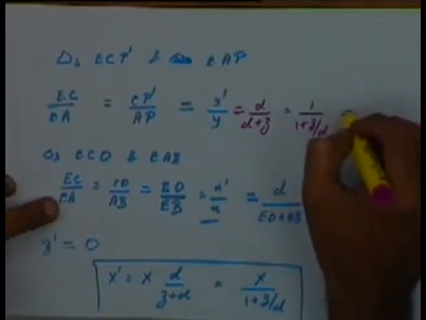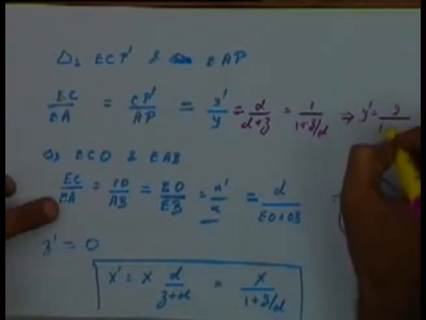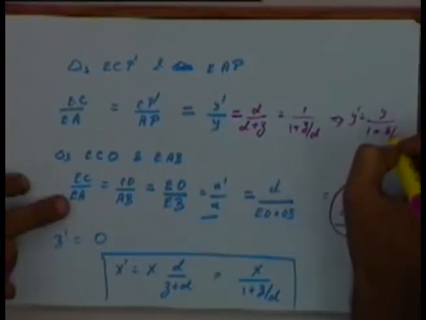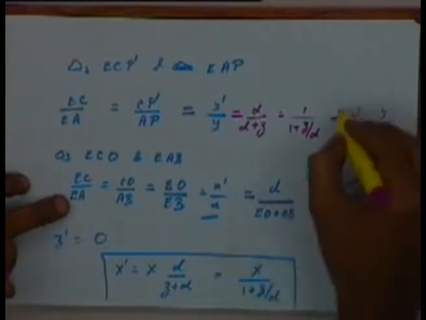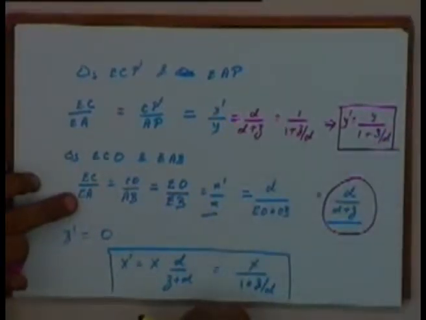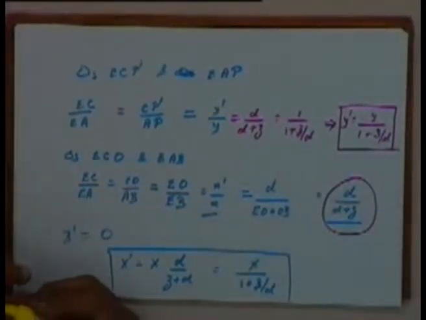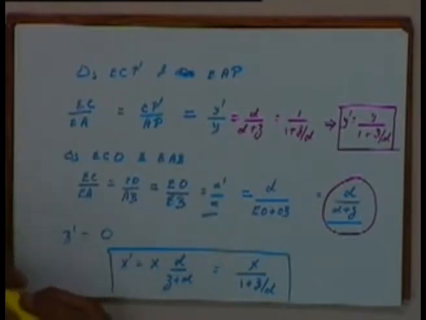Okay, and this implies y prime is equal to y divided by 1 plus z over d. Okay, so this is the second equation. Is that all right?